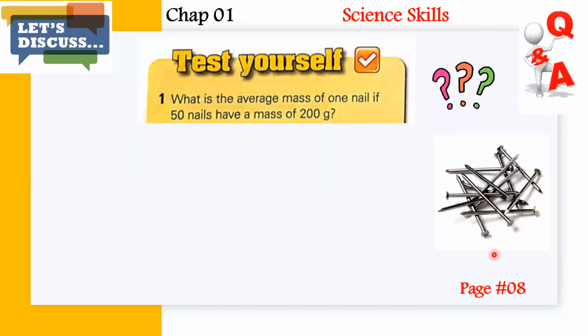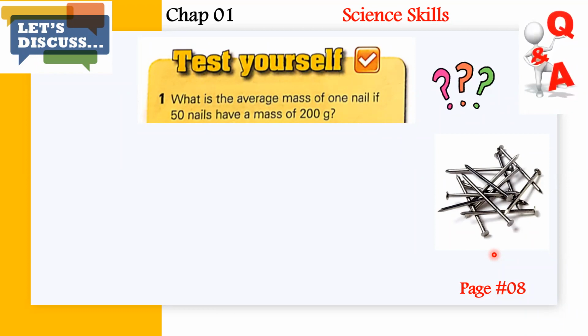Now, this is the test yourself. Only one question is there. What is the average mass of one nail if 50 nails have a mass of 200 grams? It is a very easy question. How can you do this?